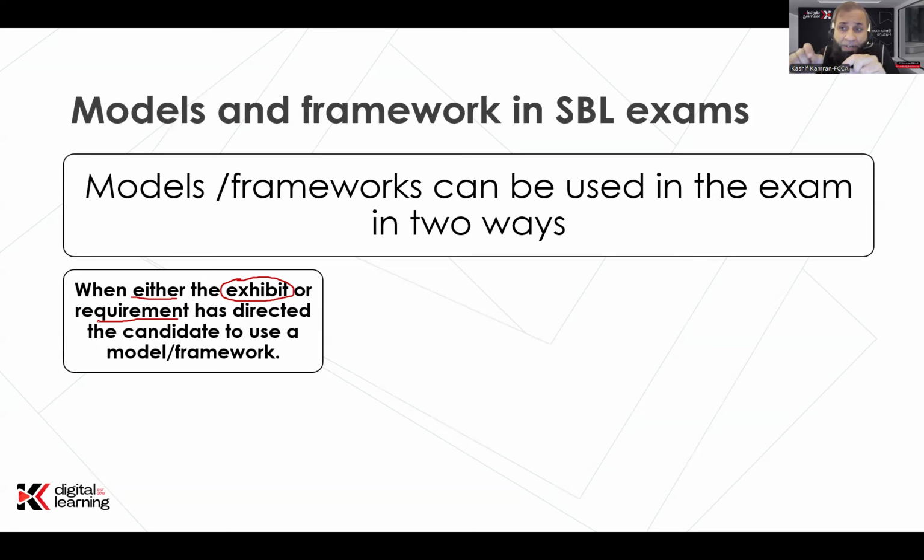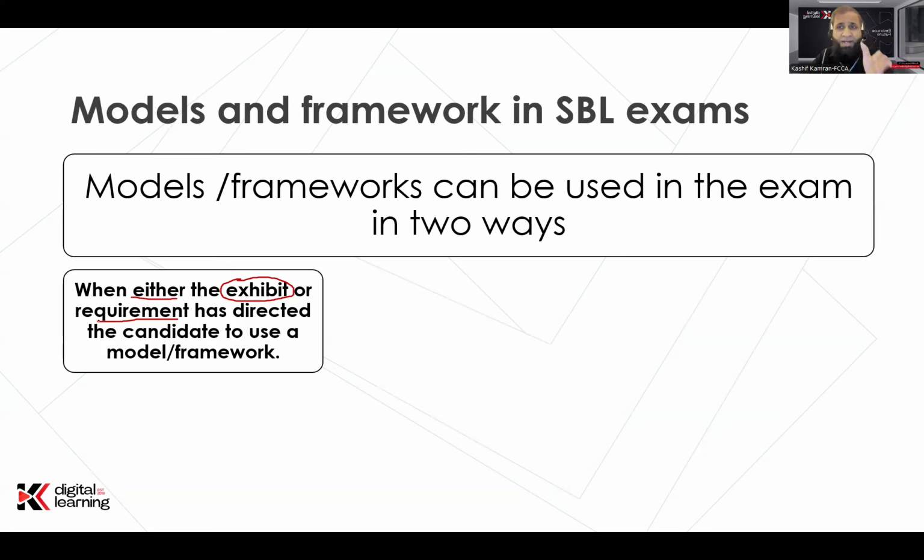At times, the hint of a model is given in the exhibit. So when you read the requirement, you might not be sure of a model to use. But when you start reading the exhibit, you get a hint that this particular requirement is to be solved under this model.